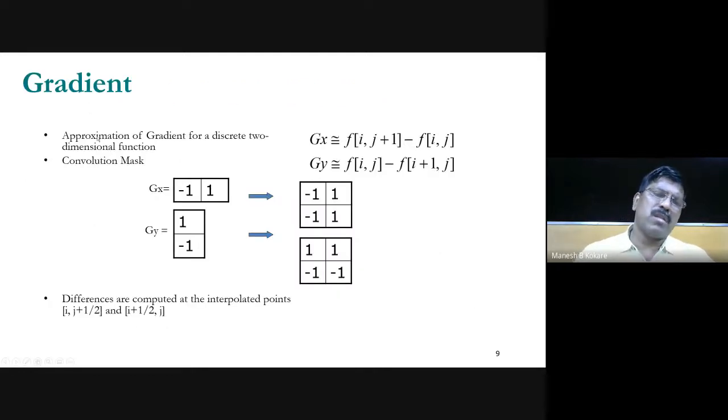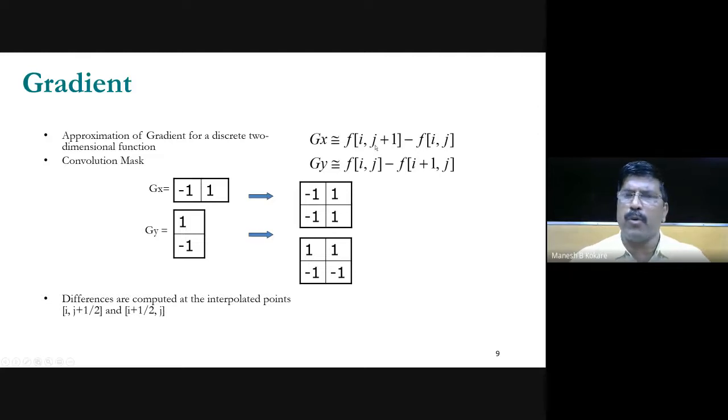Now this gradient approximation is done by taking differences. For example, f of i, j is the pixel under consideration. If j is the column, then the next column pixel intensity is taken, and f of i, j, the pixel under consideration, is subtracted from the next one.